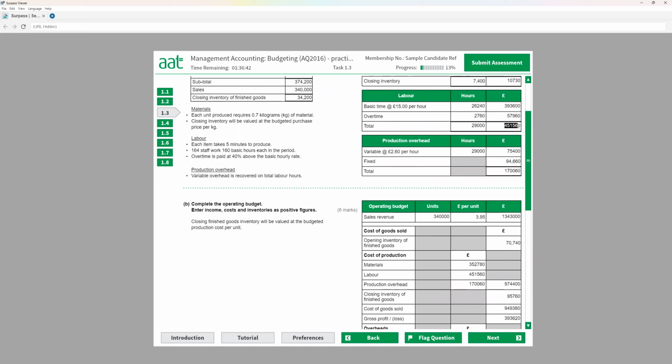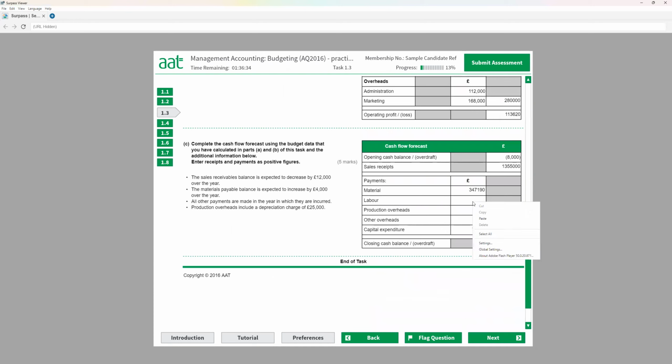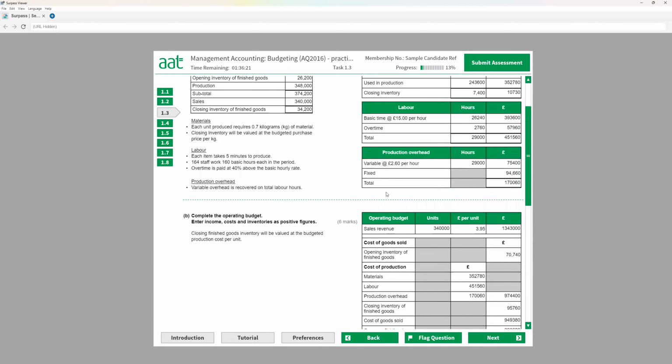So that is 451,560. And production overhead. They said inside the production overhead, there's 25,000 of depreciation. So you need to look at how much the production overhead is.